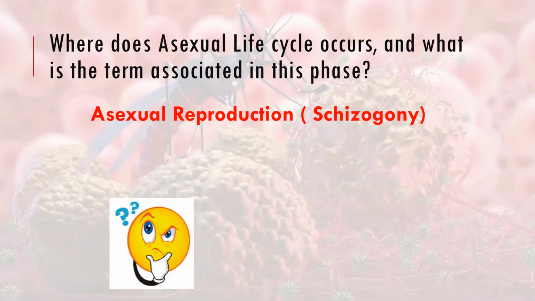Take note that the asexual phase of the malarial parasite takes place in man, the host. Sa host, sa man, nangyayari ang asexual reproduction of our malarial parasites, and that asexual reproduction is known as schizogony.